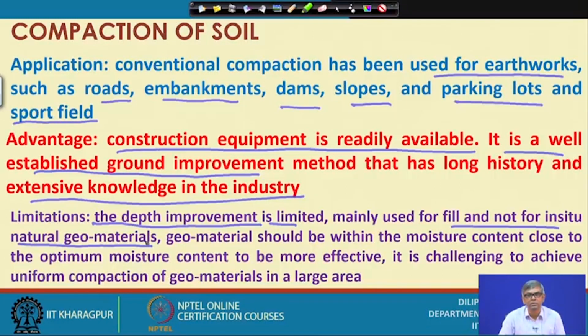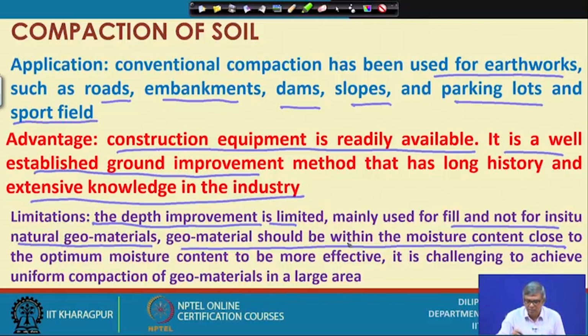If you have to improve kilometers of land in situ, using a roller may not be a practical option. Also, the geomaterial should be within the required moisture content: the borrow material we get should be close to the optimum moisture content, otherwise you have to add water.